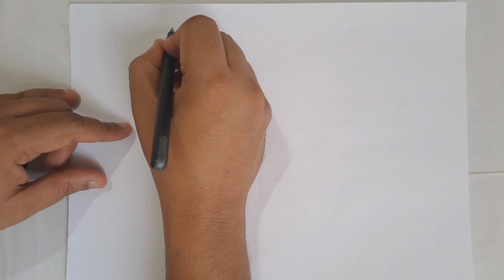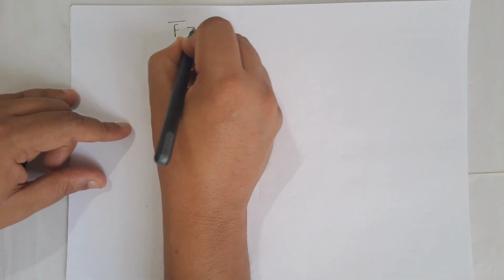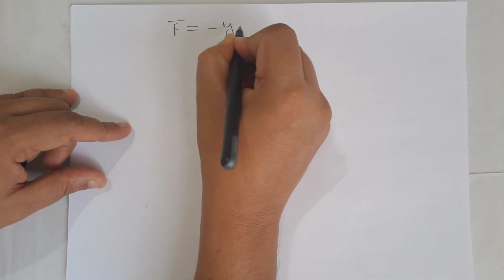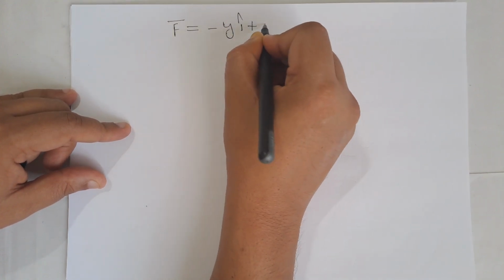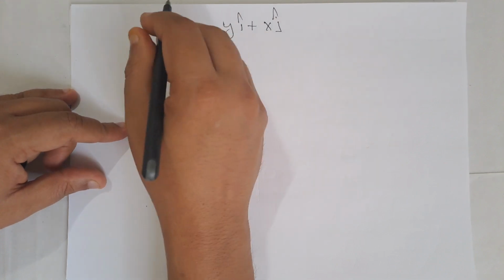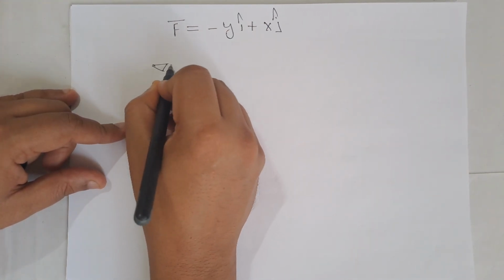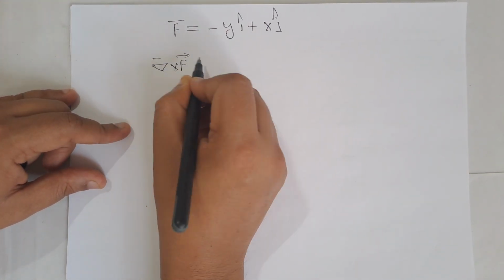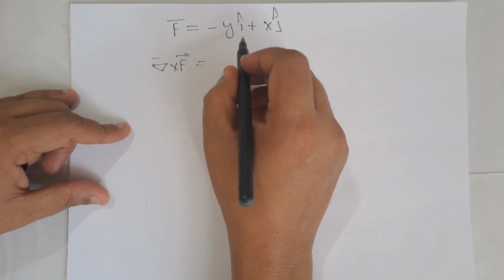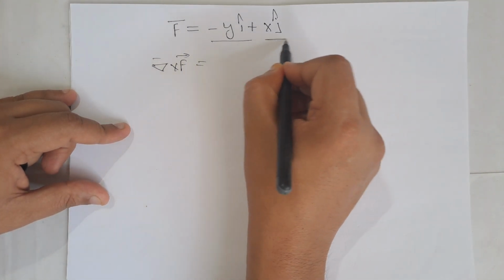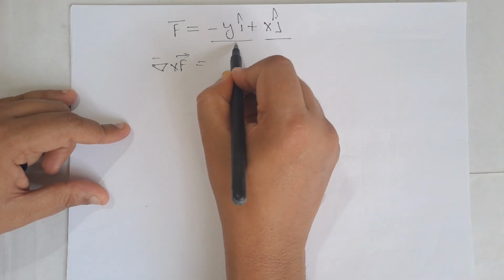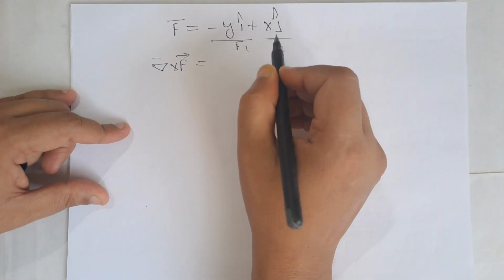Take the vector field F equal to minus y i plus x j. We have to calculate the curl of this vector field. It has only two components, f1 and f2.